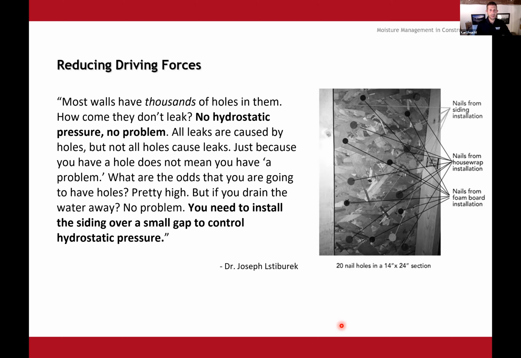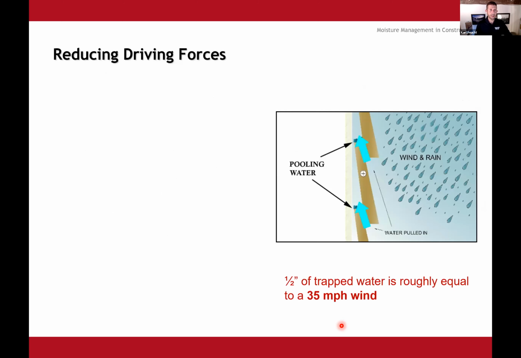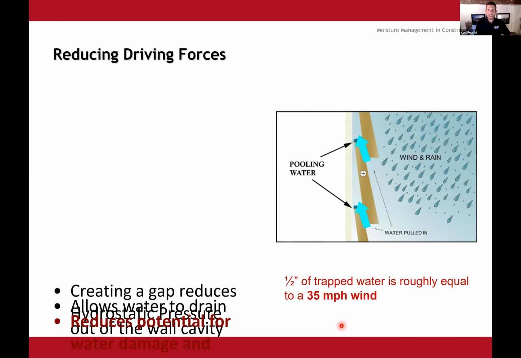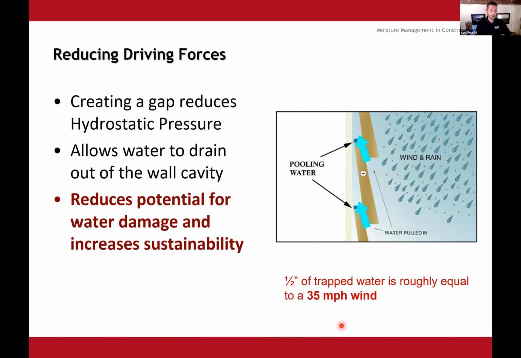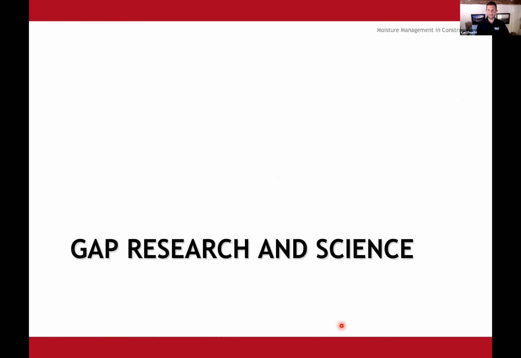So the danger is that it could go either way, to be honest. Water takes the path of least resistance. And when we build with a gap, it reduces that hydrostatic pressure and lets water drain out. And ultimately, we want to create walls and structures that last and are sustainable. And so it's important that hydrostatic pressure does not get a chance to build up behind our siding.